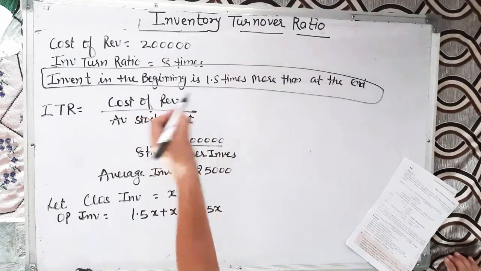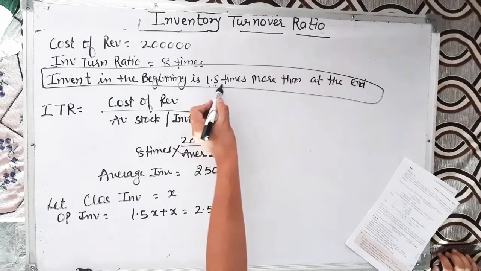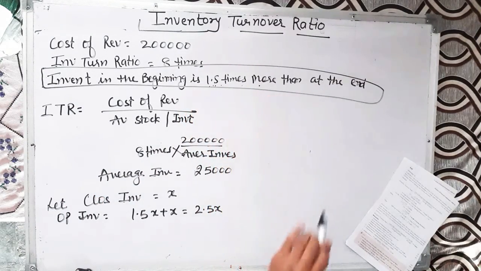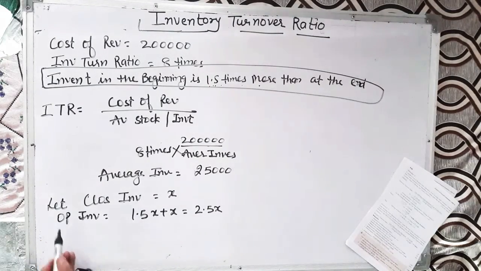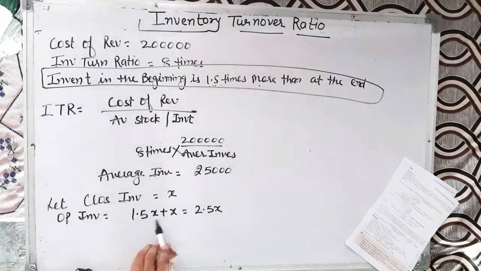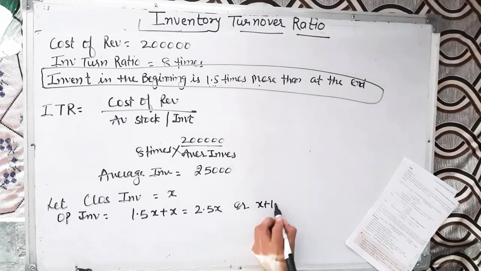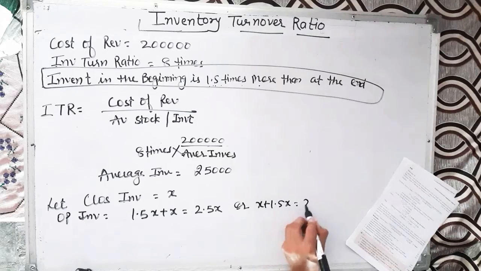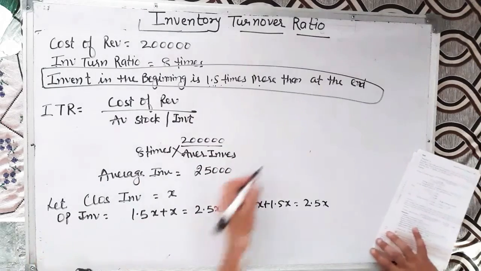You have to read it carefully because 1.5 times more than it is written. So if closing inventory is x, then opening will be 1.5x plus x, which is equal to 2.5x.